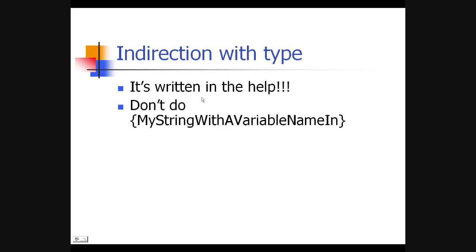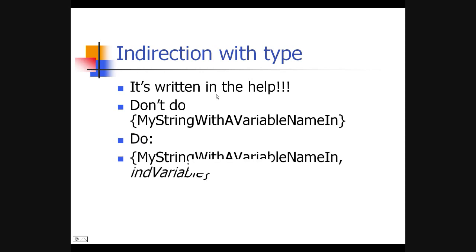That's once again written in the help. Do not do myString with a variable name in between these wonderful brackets. Use instead this syntax, in variable. Why? Well, again, it's about the plumbing. How are indirections managed in WinDev?